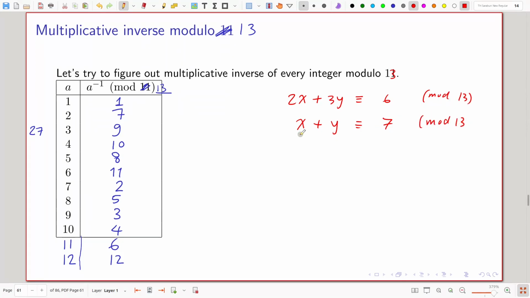There are many ways to solve this. I can subtract. This will be easy because it's an example. This is equation 1, this is equation 2. So I subtract equation 1 minus 2 times equation 2, so 2x minus 2x, x is gone.